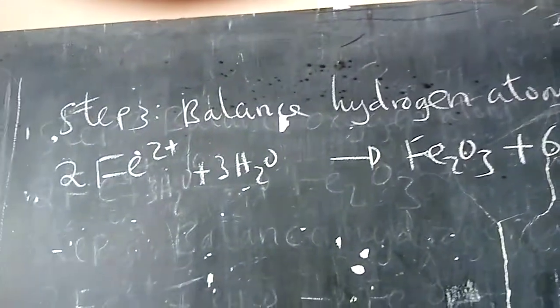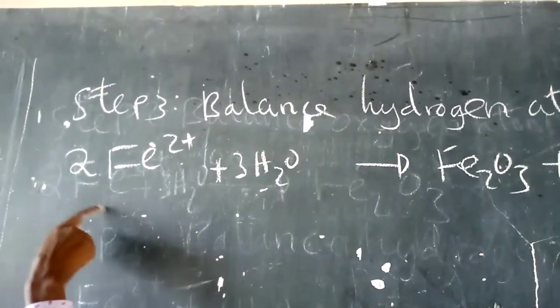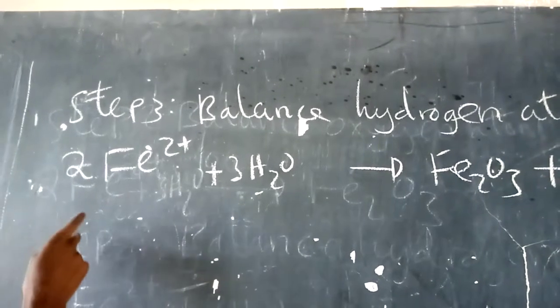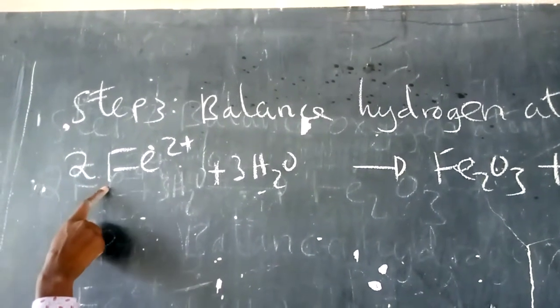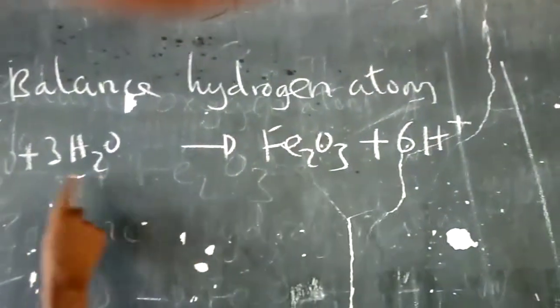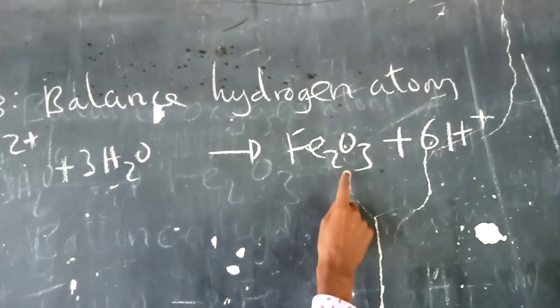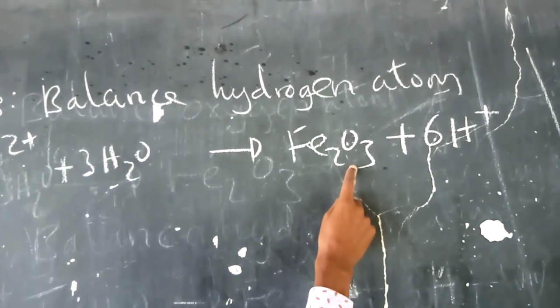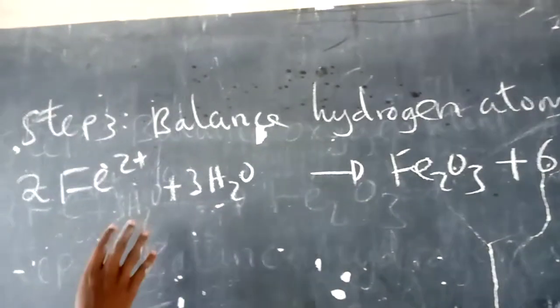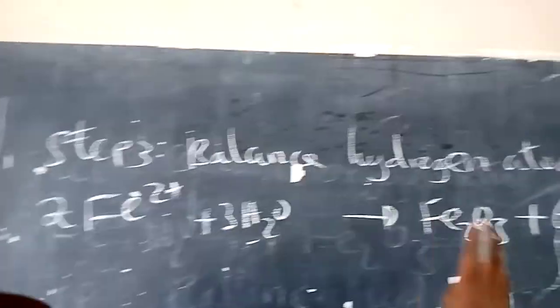Now, let's look at this equation so that we can confirm it. Here we have 2 iron in the reactant side and 2 iron in the product side. We have 3 oxygen in the reactant side and 3 oxygen in the product side. We have 6 hydrogen in the reactant side and 6 hydrogen in the product side.